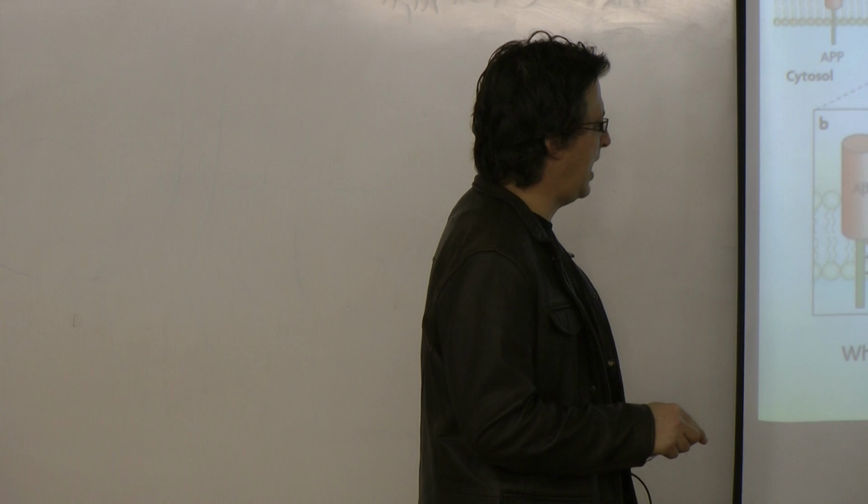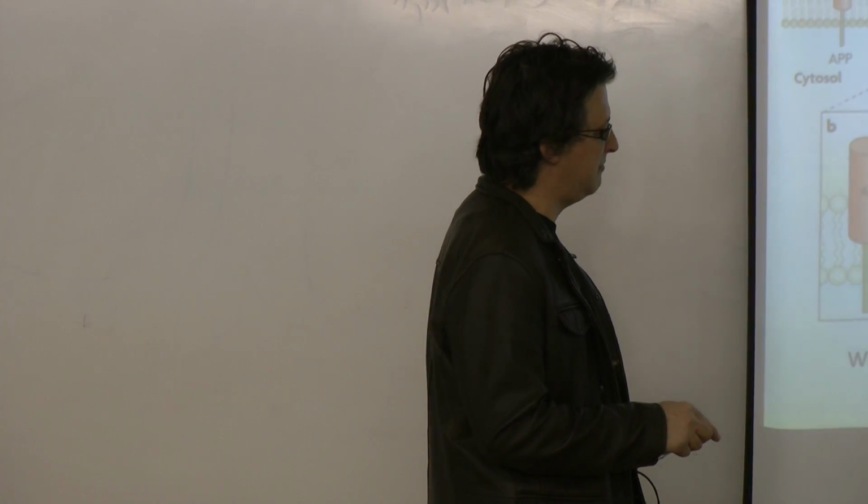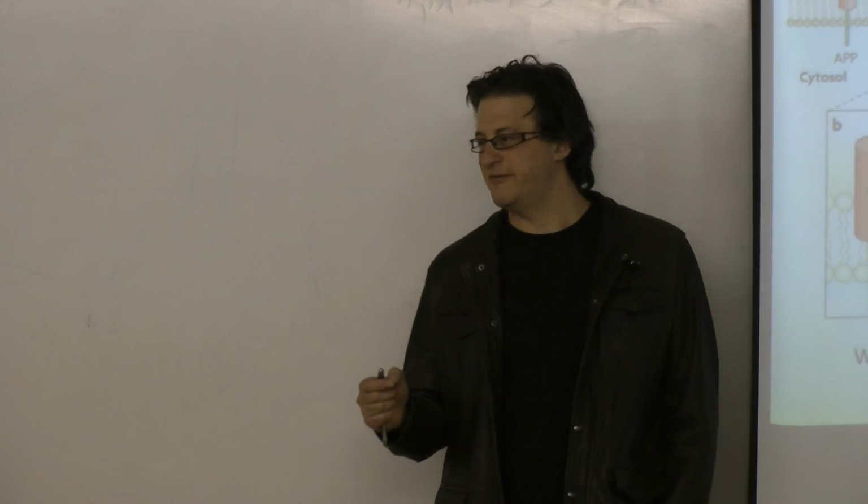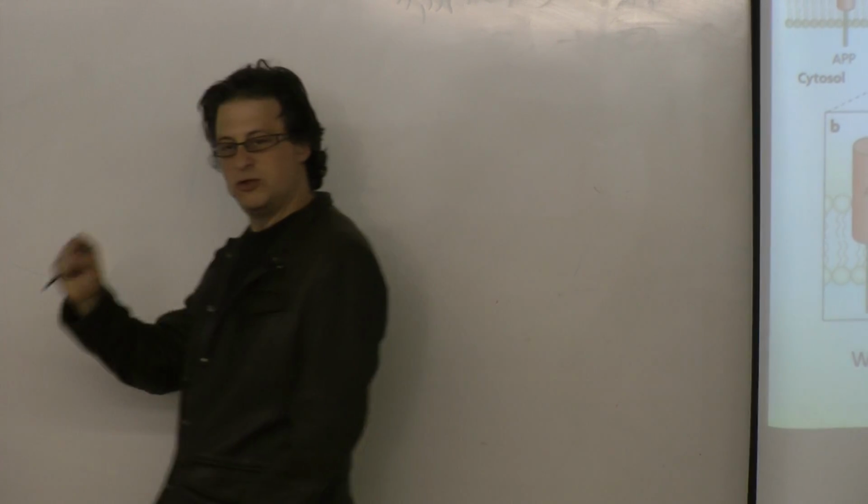Gamma secretase can cut at residue 38, 40, 42. If it's cutting at 38 or 40, it's fine. But if it cuts at 42, that's the form that tends to oligomerize and is toxic for the brain.